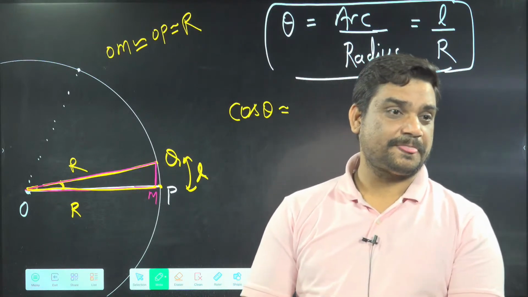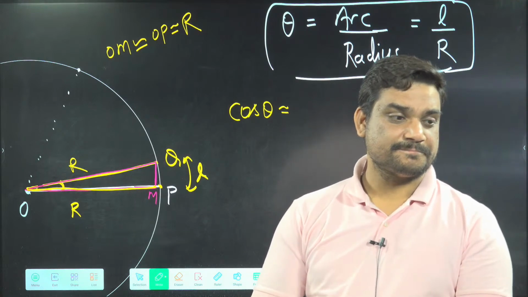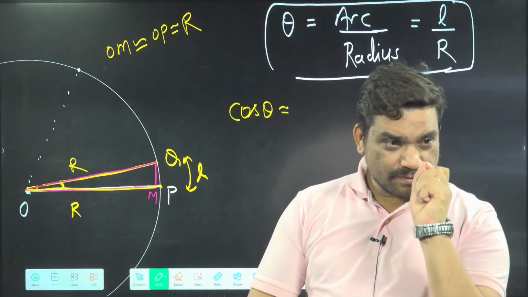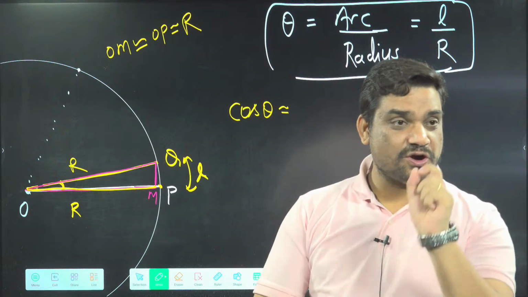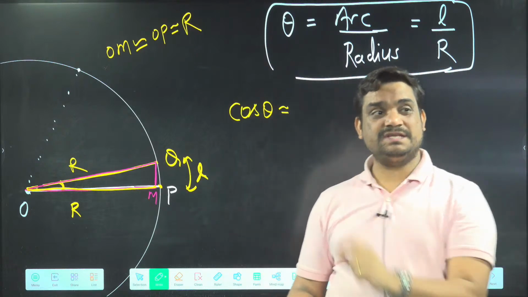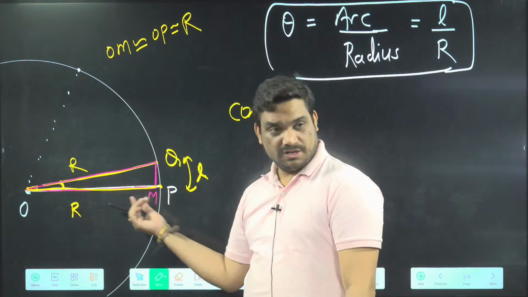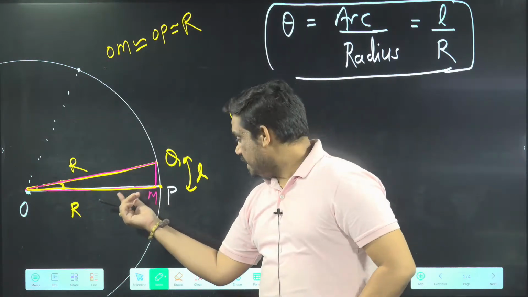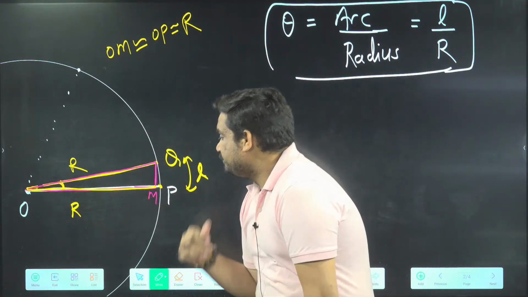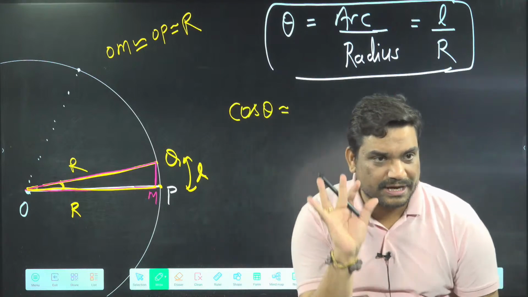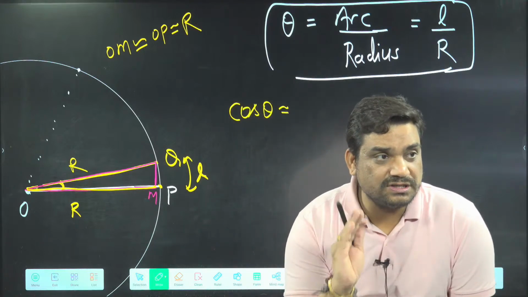Cos theta is B by H. What is the base here? Base is OM. And I'm writing cos theta, okay?